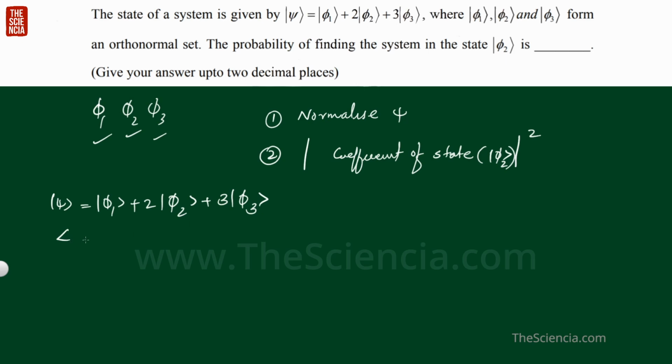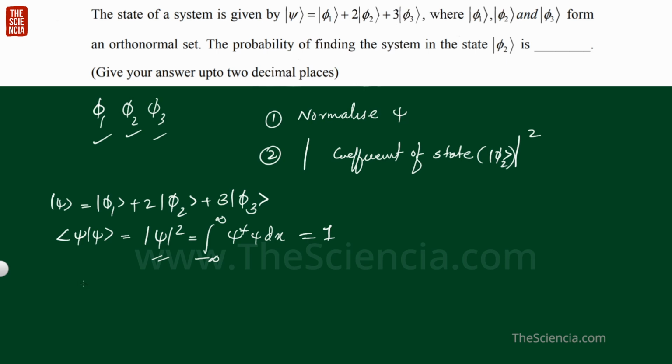That is, normalization is bra psi ket psi is equal to mod psi square, that is equal to integral minus infinity to infinity psi star psi dx, and this should be equal to 1. So if mod psi square is not equal to 1, then we have to make it equal to 1. That process is called normalization.